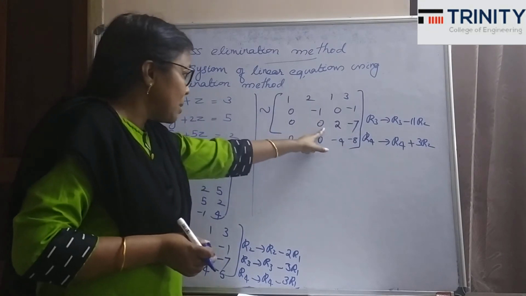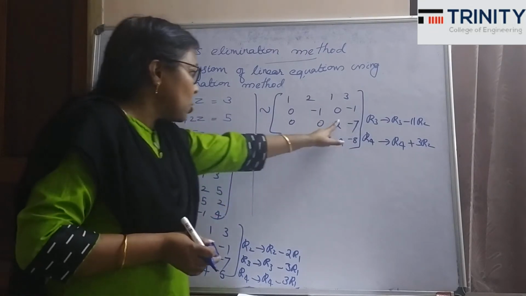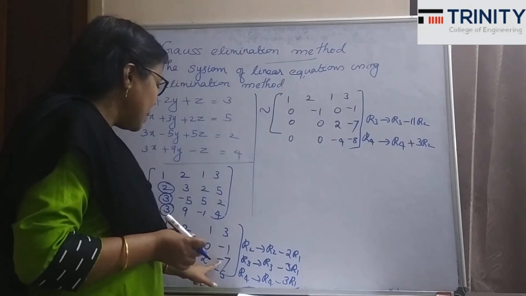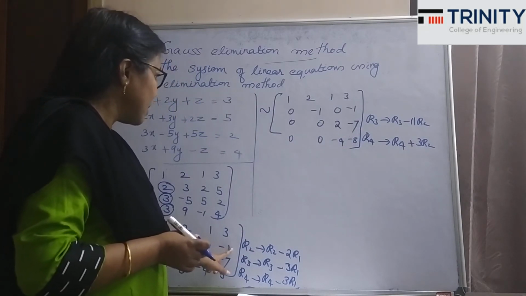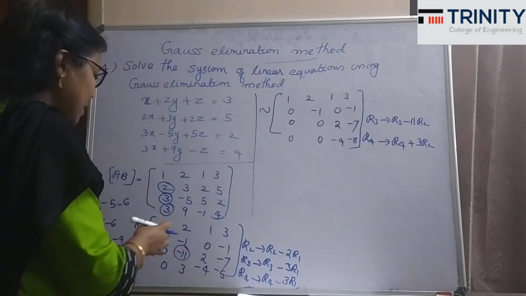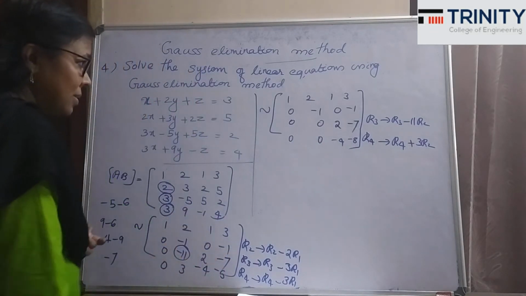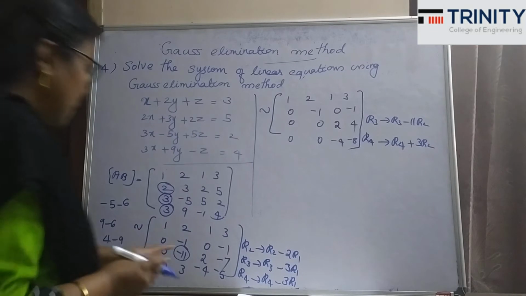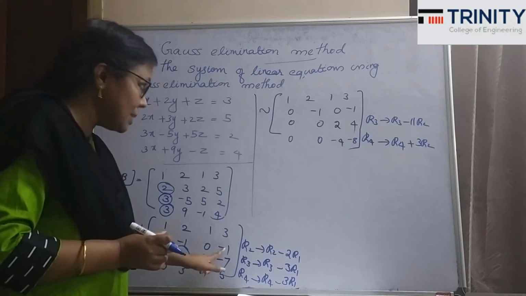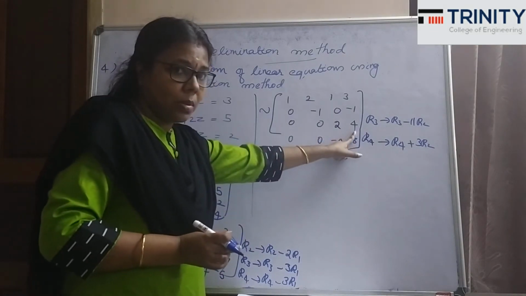First element 0. Then second element 0. Then 2 minus 0, 2. Then minus 7 plus 11. Minus 7 minus minus 11, which is 4.